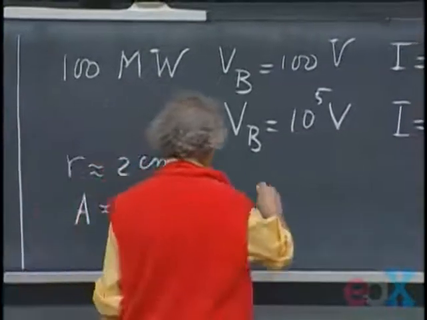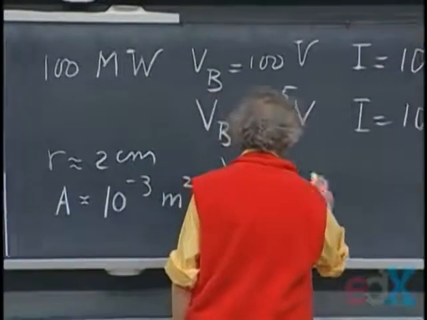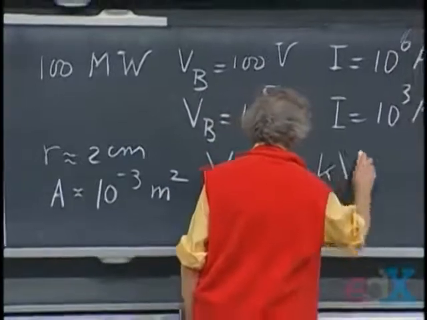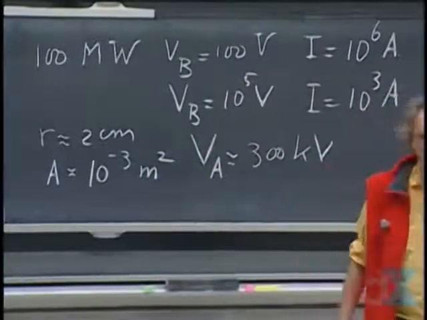And the potential V at A is roughly 300 kilovolts. And with that configuration, you stay comfortably below the electric field of 3 million volts per meter. So you don't get the corona discharge.